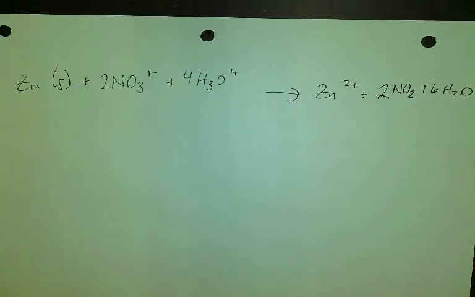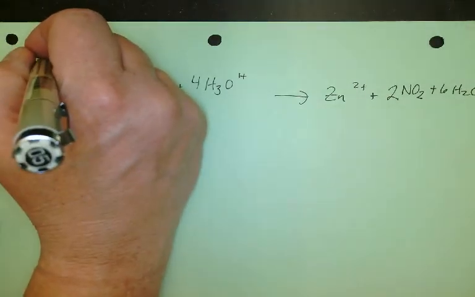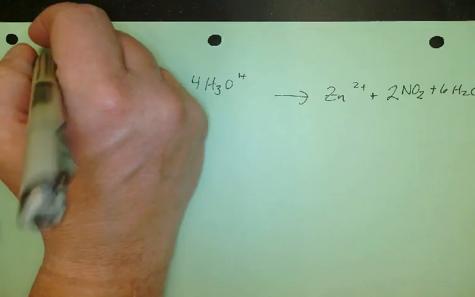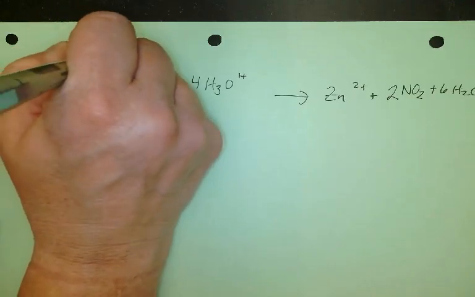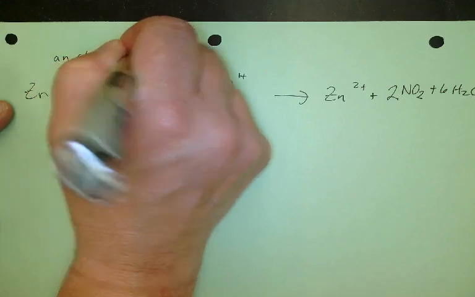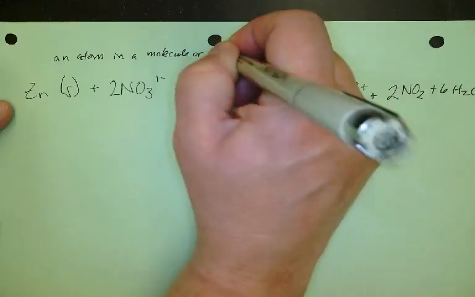And I probably should define an oxidation number, shouldn't I? You're not going to like the definition of oxidation number. It's just going to make you angry. And I apologize for that. But the definition for oxidation number is an atom in a molecule or ion.